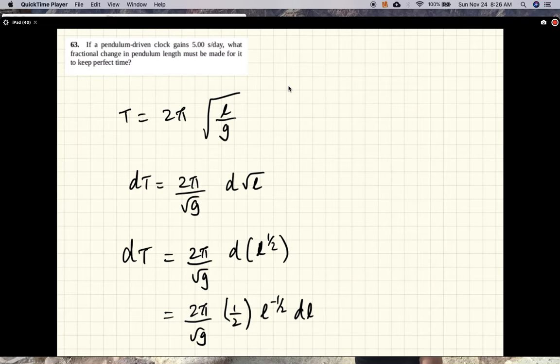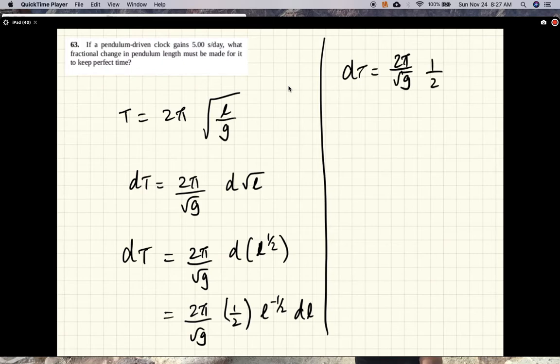So dT is equal to 2 pi over square root of g, times 1 half over square root of L, dL.